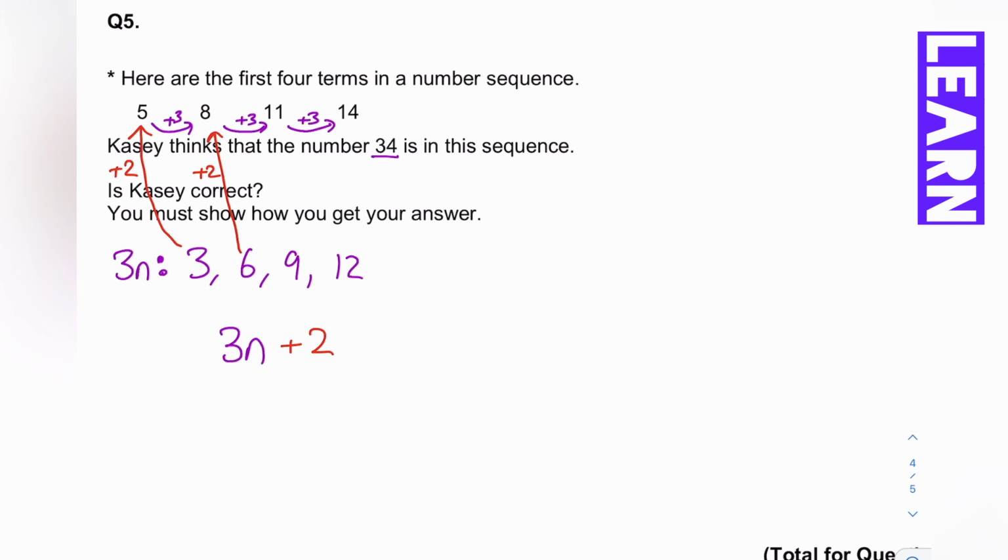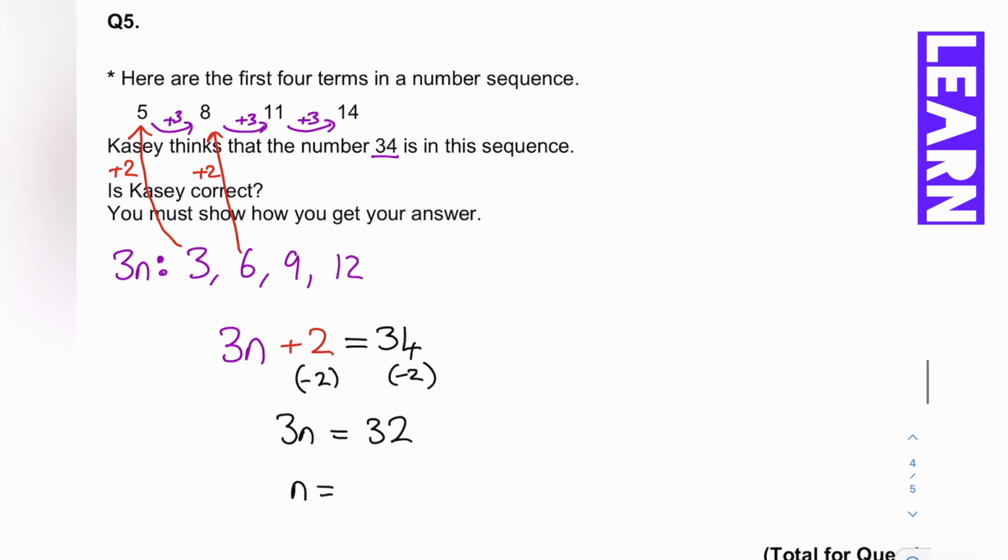So now to show if this number is in the sequence, what we need to do is put our nth term equal to whichever number it states. So 3n plus 2 equals 34. You now have to solve this equation. So we can solve that by subtracting 2 from each side. That leaves us with 3n is equal to 32.